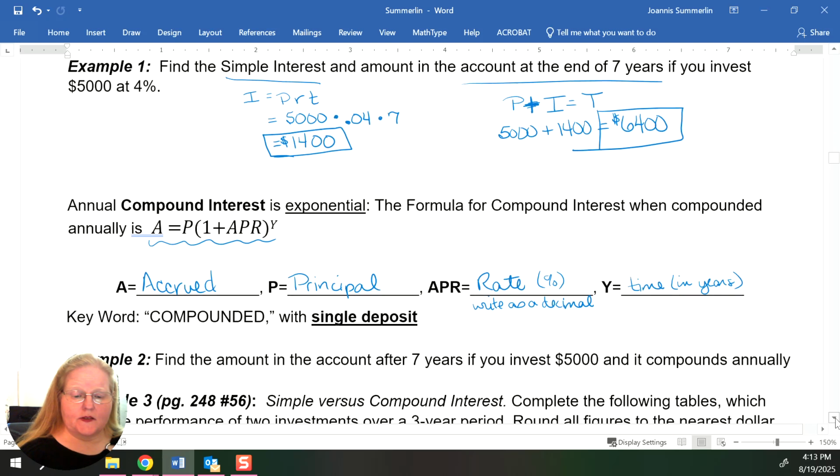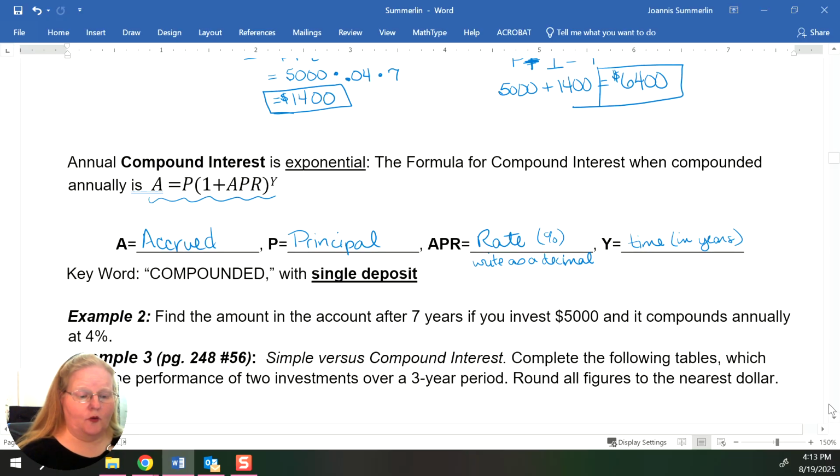This is the simple one, which is always annually. That's why it's annual compound interest. There are other formulas. The one that we're going to use the most is not annually. We're just using this one for right now. You know that they want you to use this one, not when they use the word compounded.